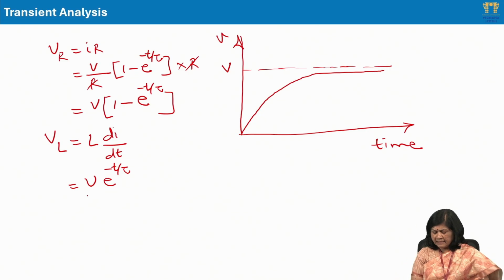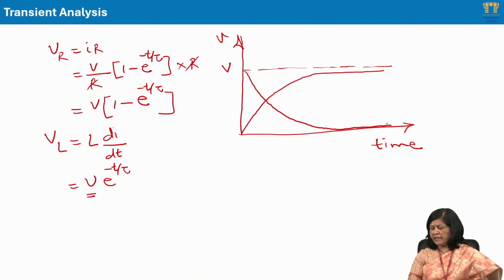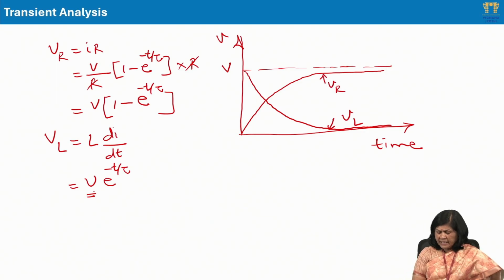And the inductor voltage is decreasing from the peak value. This is my VL, this is my VR. So VL starts at the peak value, decreases, and goes to 0.